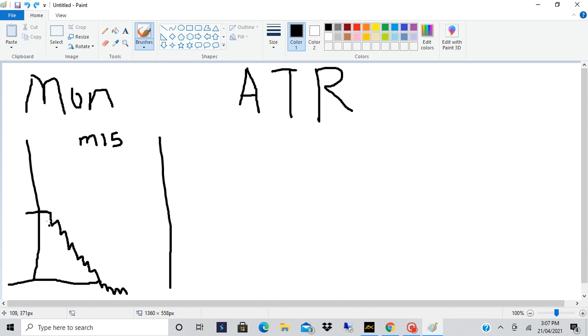So let's say market open and here's Asia, and after Asia we had London open. During mid-London, you saw aggressive candlesticks going up.